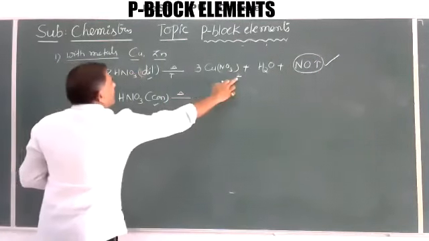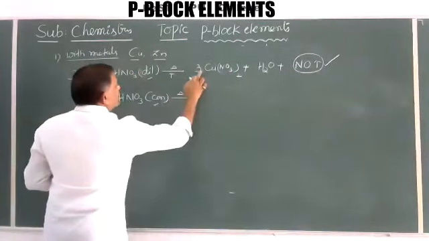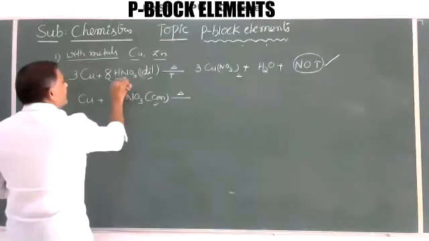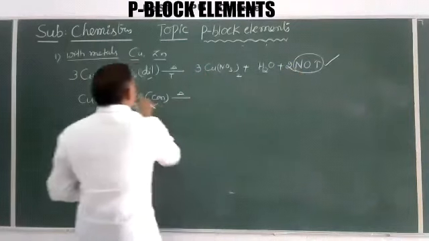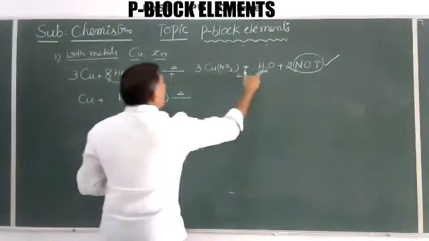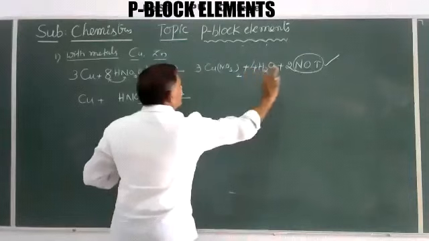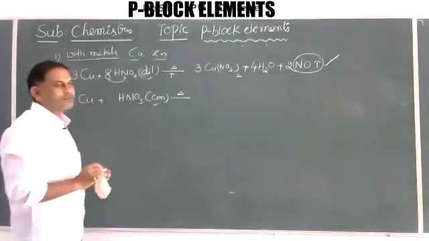Now nitrogen atoms: here 2 times 3 is 6, but here 8 are there. The remaining 2 balance, that's why take 2 moles. Hydrogen atoms are 8 here and 2 here, that's why take 4 moles, and everything is balanced.